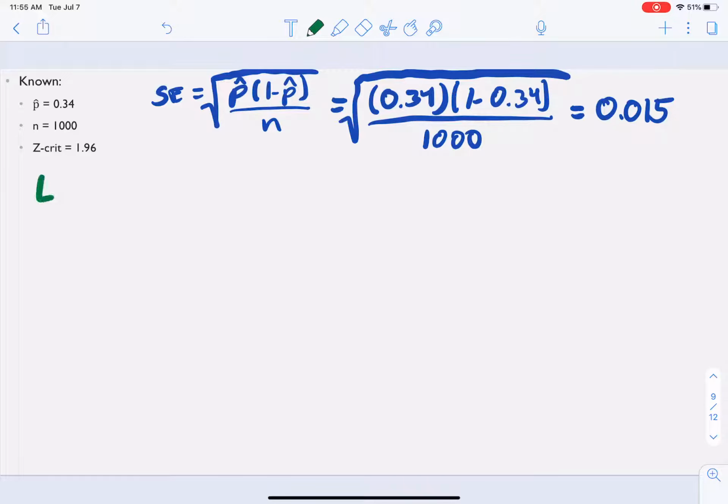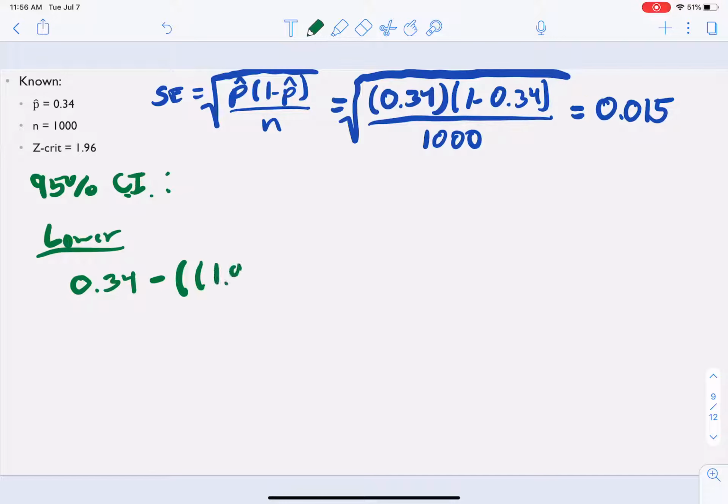But let's find the 95% CI. That's what we're looking for. So our confidence level is 0.95. We'll find the lower bound first. So that's going to be our sample proportion minus 1.96, looking for a 95% confidence interval, that's that Z critical value.